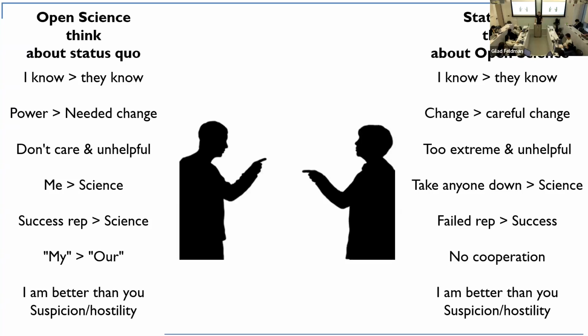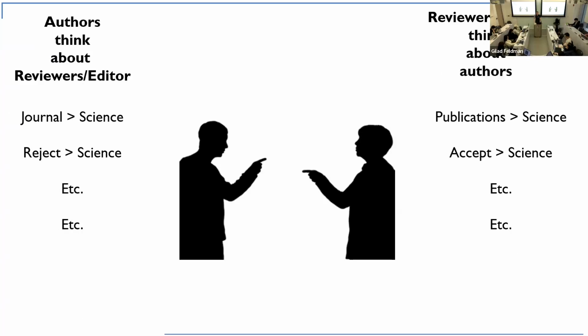Obviously, I have the same problem as an open science scholar compared to a status quo that doesn't think that open science is very important. And once again, we find ourselves blaming one another and being very suspicious of the other person. Also, you'll go through this with the peer review process: when you submit your work, you'll always think that the reviewers are biased.